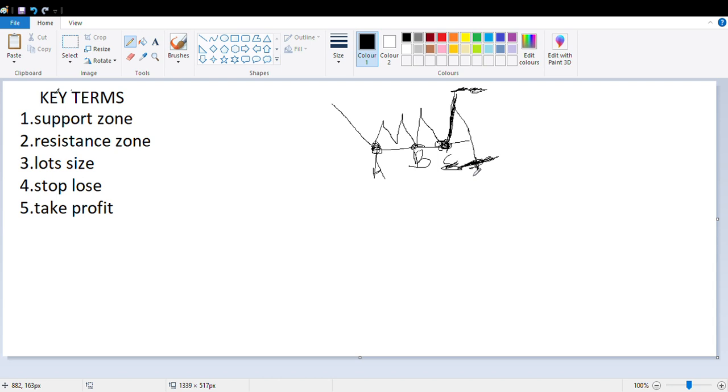And also, if God willing, the market reaches here and then moves up to where we predicted, then we make our profit. So here is the TP, and the other side is our SL, our stop loss. I will explain further details later. So that is what we mean by the support zone.